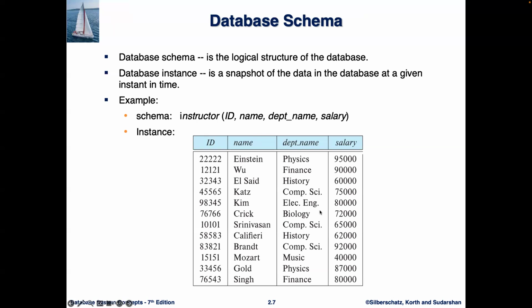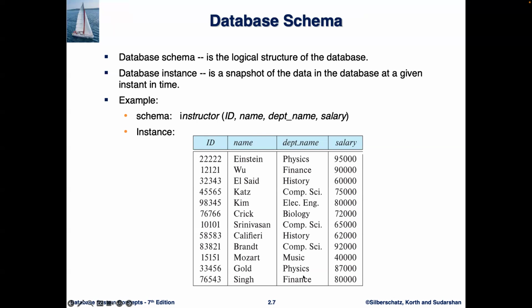Okay, then let's make salary a key. If we take 80,000, this will give us two tuples with the same value.